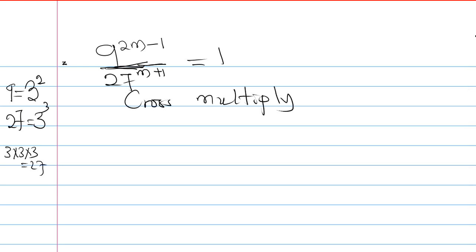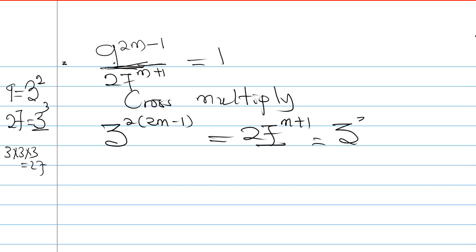Cross multiply. Here now we have 9, let's say 3 raised to power 2 into 2m minus 1 equal to 27 raised to power m plus 1. Here now I can see 27 is 3 raised to power 3. Put your bracket here, right? Now according to the law of indices, when you have the same base, let me write this.